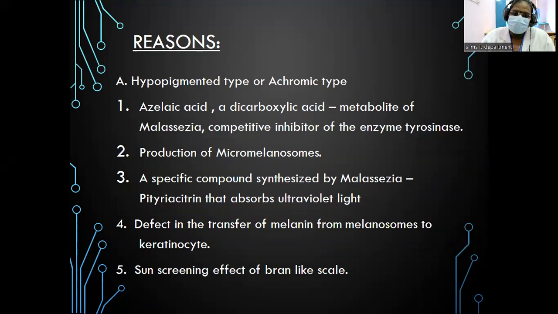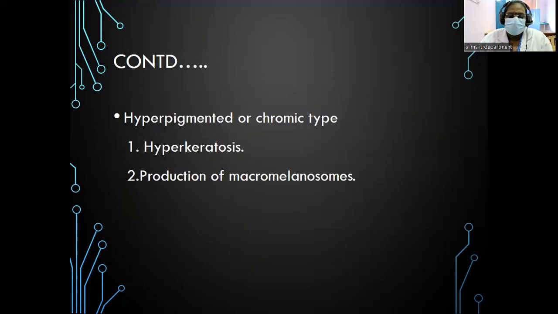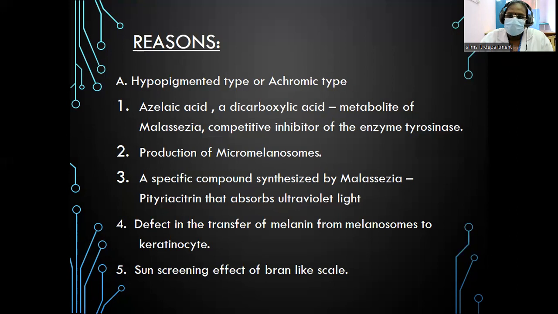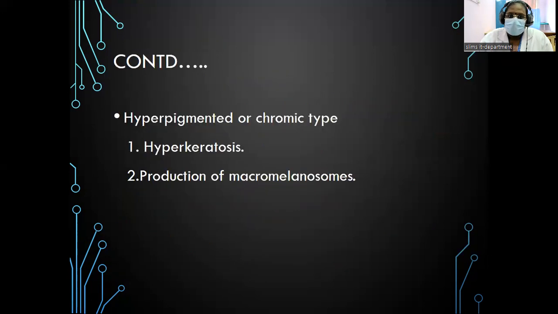Another proposed hypothesis is a defect in the transfer of melanin from the melanosomes to the keratinocytes. Finally, there is the production of micromelanosomes. This hypopigmented variety is otherwise known as the achromic type, and the hyperpigmented variety is known as the chromic type.